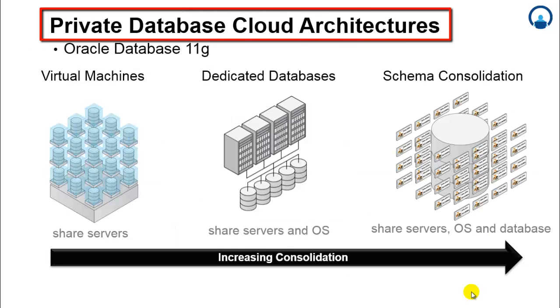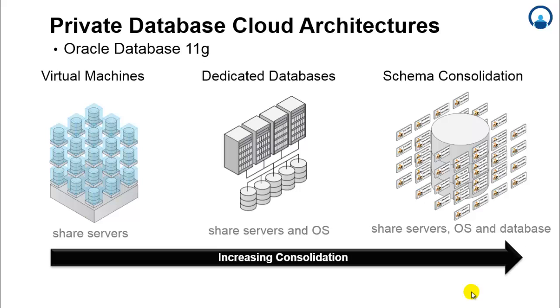Private database cloud architectures. Companies have tried various approaches to consolidation in order to realize the benefits of managing many as one. In previous database versions such as 11g, the data-centric approaches that were taken are akin to the current private database cloud architectures. When we say private cloud, it is identical to the previously called data-centric approach, where servers, applications, and databases were consolidated in the data center that was owned by the customer's IT department, and all businesses were serviced through this data center.